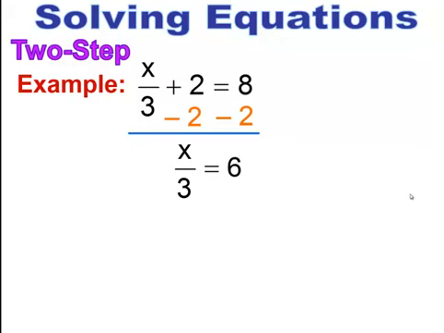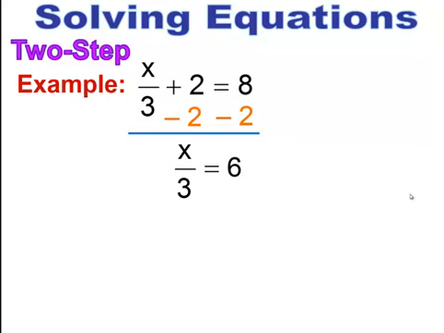Now, when you have a variable on top of a number, that line that it's over represents division in an equation. So when you see a variable over top of a number, we have division. And in order to remove the division, we have to do the inverse to division, which is multiplication.